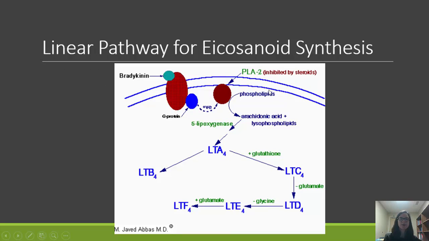So here we have our linear pathway, same thing. We have our input here of bradykinin, which again activates phospholipase A2, which releases arachidonic acid, and then we have our 5-lipoxygenase enzyme, which helps us to synthesize our leukotrienes.